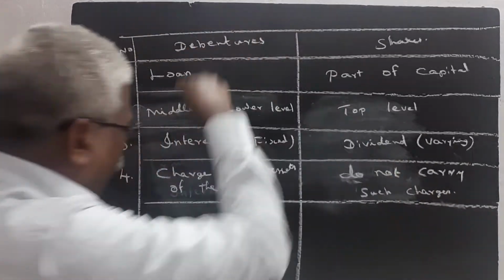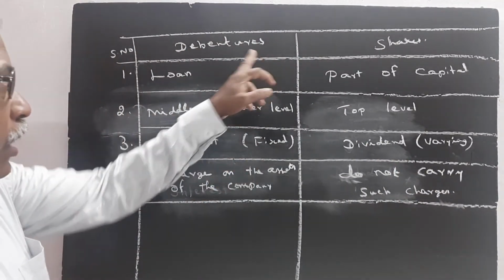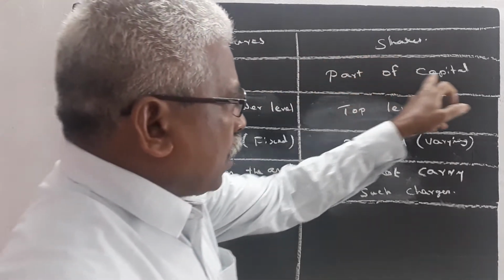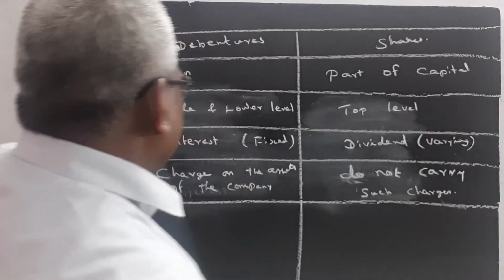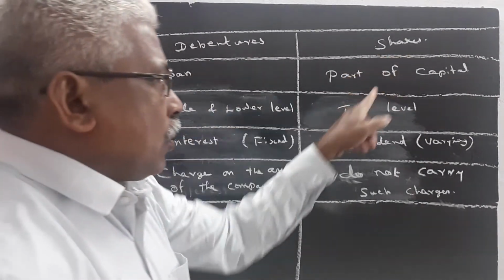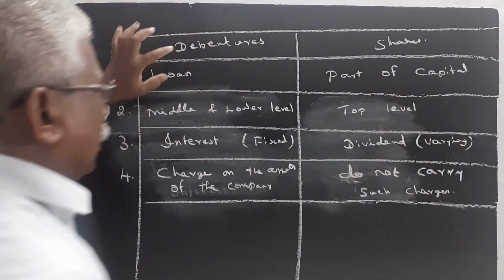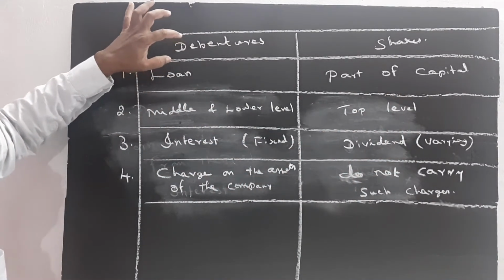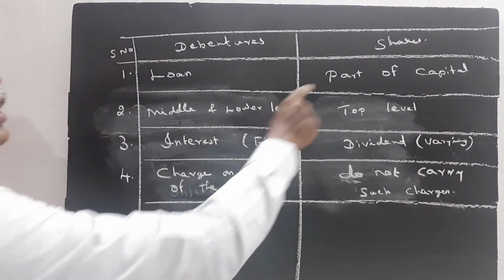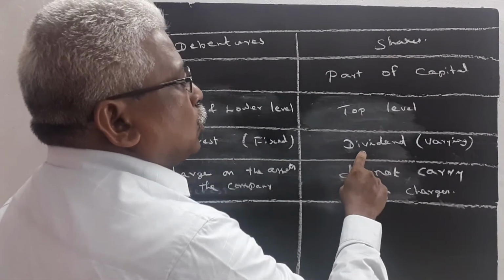Once again, I explain the 4 points. Debenture constitutes a loan of a company. Share is the part of share capital. Debentures are in the middle and lower level. Shares are in the top level. Debenture holders are eligible to get the fixed rate of interest. Shareholders are eligible to get the dividend.